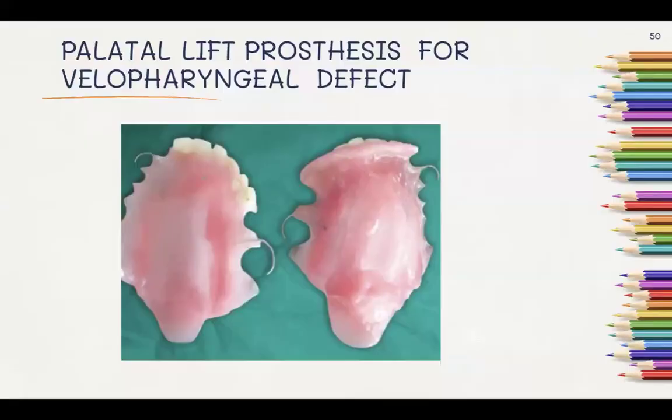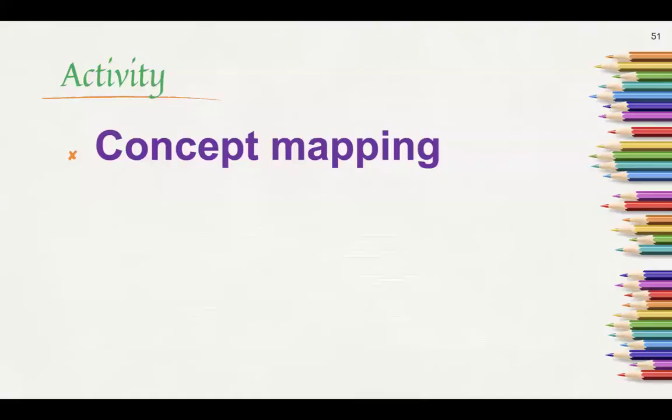And there can be cases of paresis or paralysis of the soft palate, where you have to give palatal lift prostheses. With these, we are literally lifting the soft palate and approximating it closely to the areas which give these sound effects. So that is called the palatal lift prosthesis.